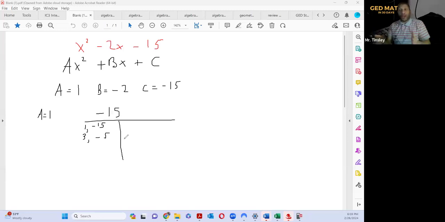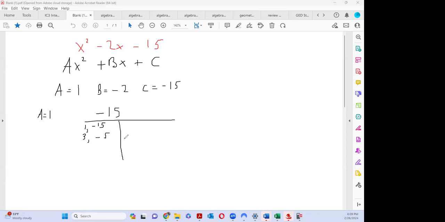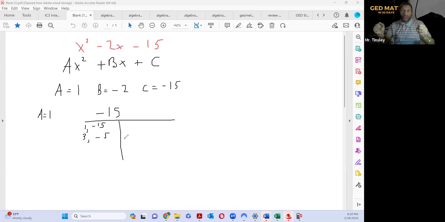So why did we stop? Because I can do 5 times -3. What you should recognize, when I draw this T, is that we have each pair on one side, but on the right side we're going to change the signs. So instead of 1 and -15, we're going to have -1 and +15.